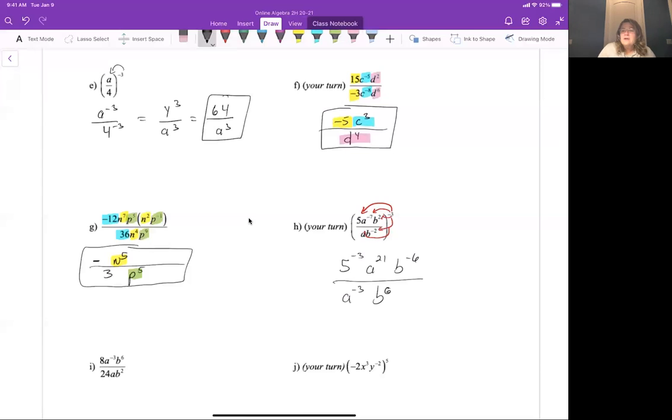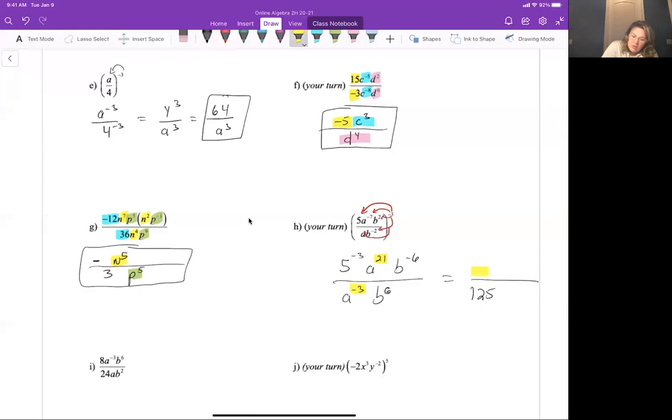So 5 to the negative 3 is the same as 1 over 5 cubed. So what is that going to be? 5 times 5 times 5 is 125, and it's on the bottom. Okay, that gets rid of the minus sign in the exponent. Then I'll look at my a's. I have a to the 21st over a to the minus 3. 21 minus a minus 3 is 21 plus 3.